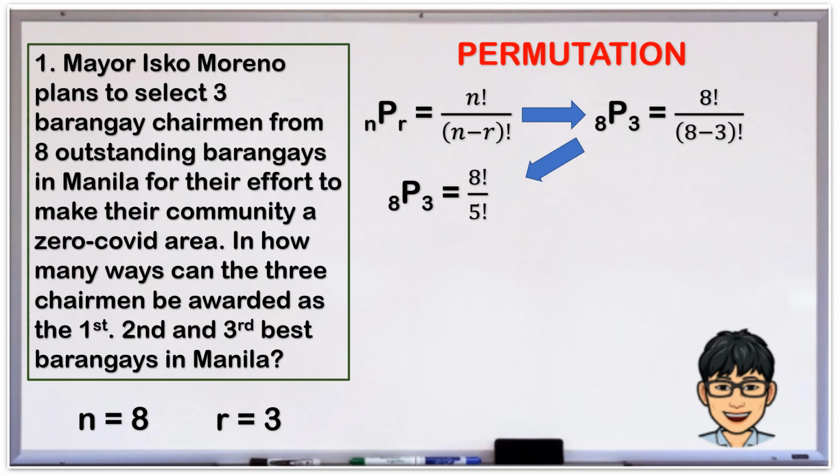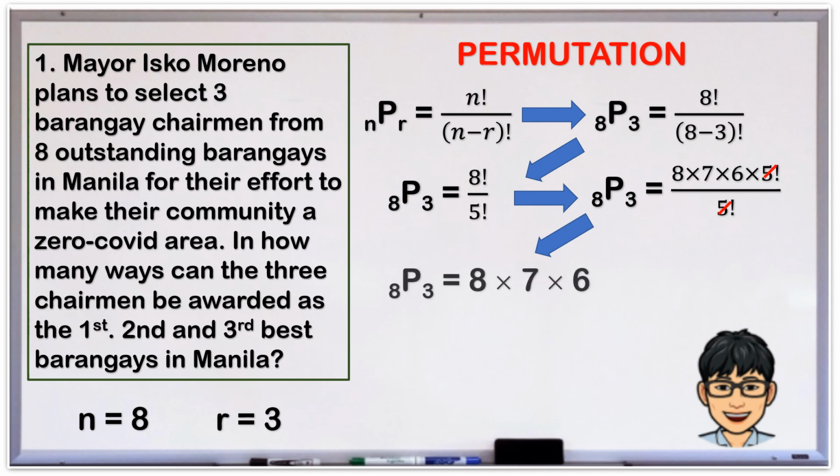To simplify this, we have 8 times 7 times 6 times 5 factorial divided by 5 factorial. And then, now let us divide 5 factorial by 5 factorial. So that is equal to 1.